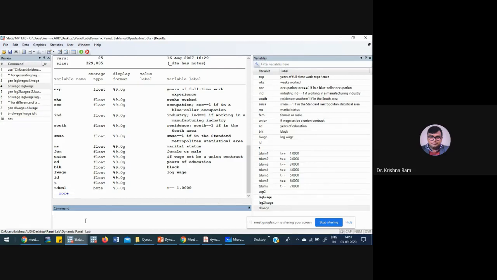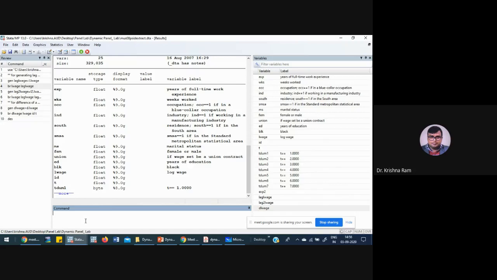But in a dynamic setup, as we know, the lag value of the dependent variable becomes an independent variable. So here you can say log of wage is the dependent variable, the first lag of log of wage is an independent variable, and the rest are other explanatory variables.